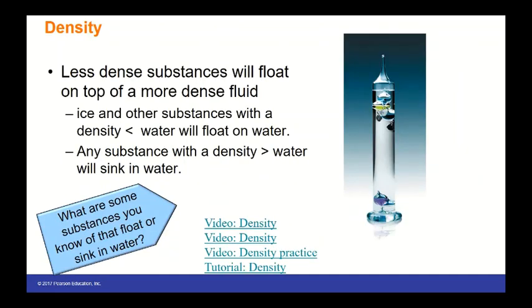The reason that this is so important, especially to human life, is that if we didn't have ice that covered oceans in very cold regions of the earth, life wouldn't be able to live in such cold water. The ice helps to insulate the ocean beneath. What are some other substances that you know can float or sink in water?